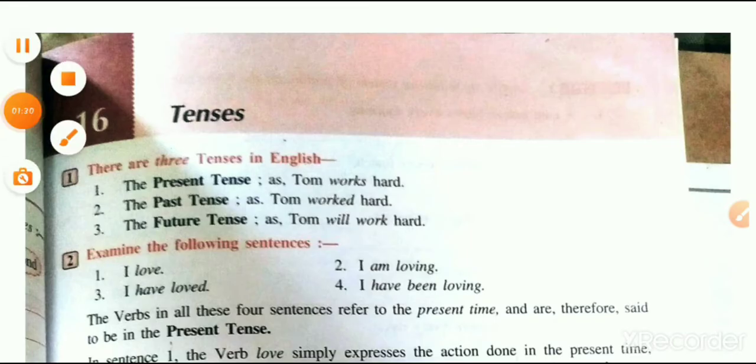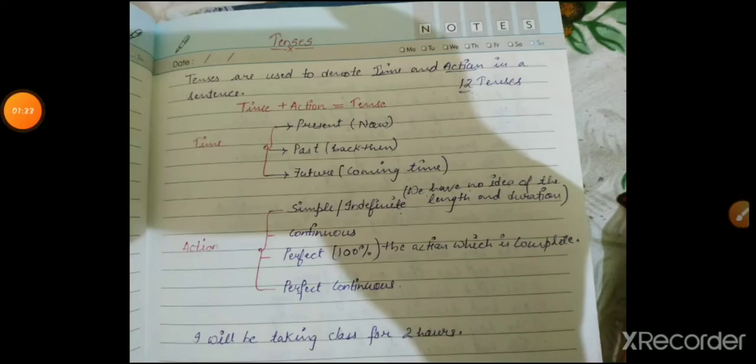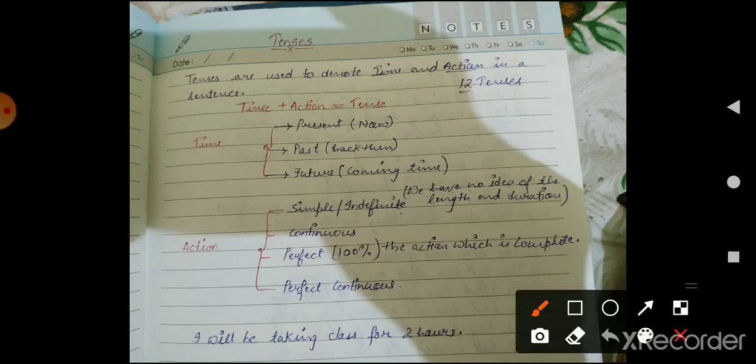Now let's see the general definition of tenses. Here you can see that tenses are used to denote time and action in a sentence. Tenses are basically used to denote at what time the action took place and what is the action that happened.